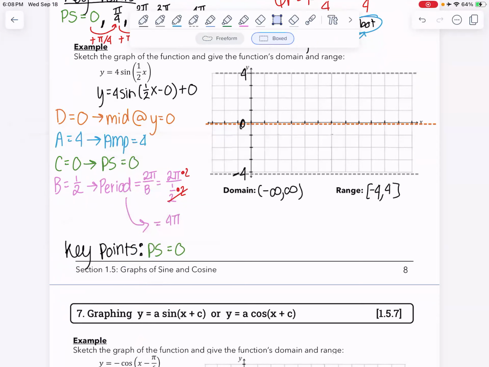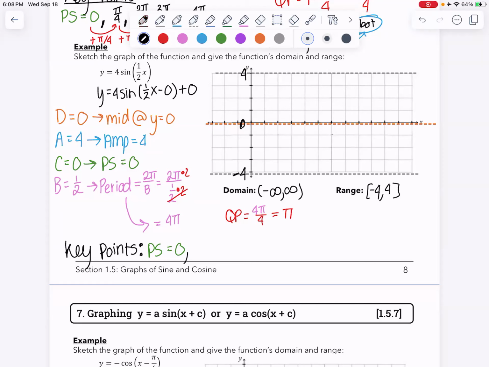So phase shift will be the first one. Now we need to know the quarter period. The quarter period is the period, 4 pi, divided by 4. Those 4's cancel. So a quarter period is just pi. That makes sense. The period is 4 pi, so a quarter of that is pi. So I'm just going to add pi each time.